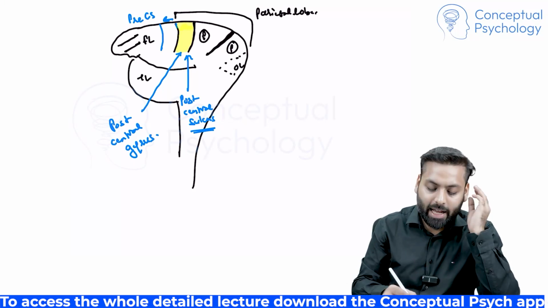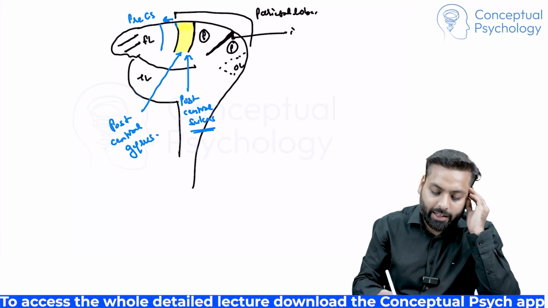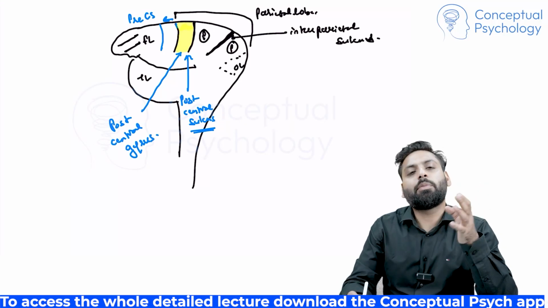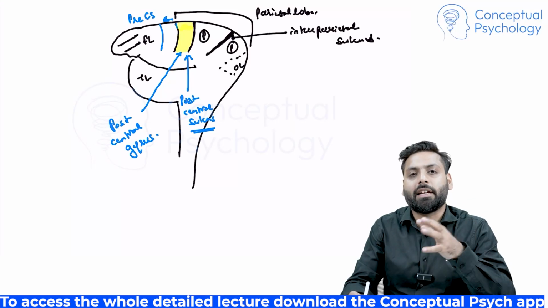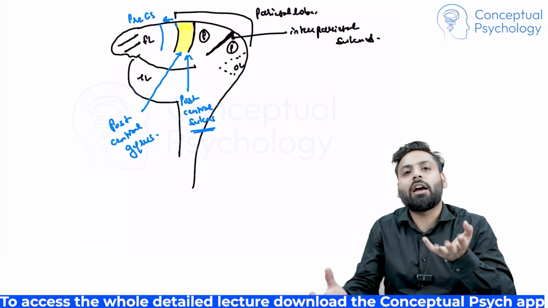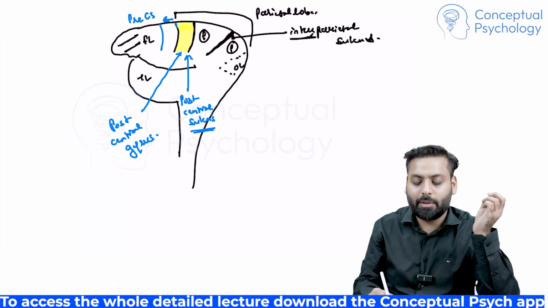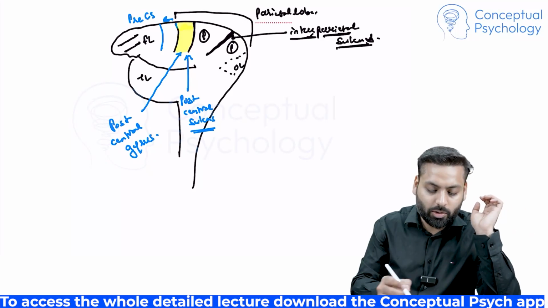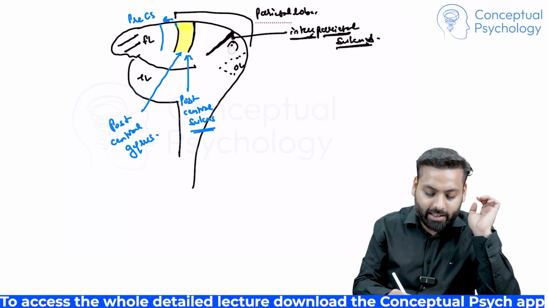So this will be named the interparietal sulcus, because in front of it and behind it, we have parietal lobe only. So this is the interparietal sulcus. Understood?